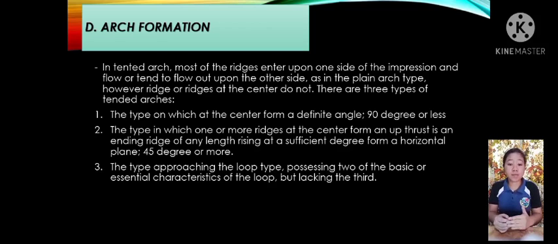There are three types of tented arches: the type in which the center forms a defined angle of 90 degrees or less; the type in which one or more ridges at the center upthrust at an angle of 45 degrees or more from the horizontal plane; and the third is the type approaching the loop type, possessing two of the basic essential characteristics of the loop but lacking the third.